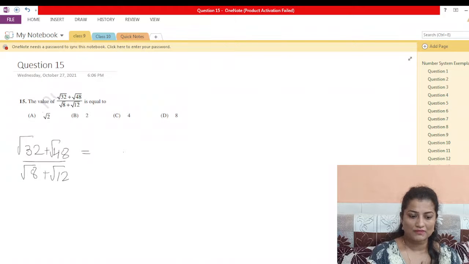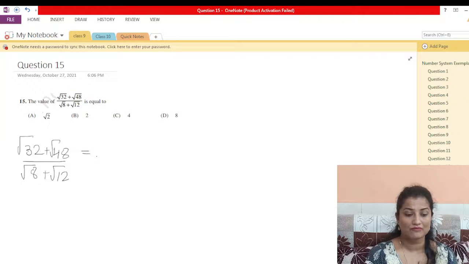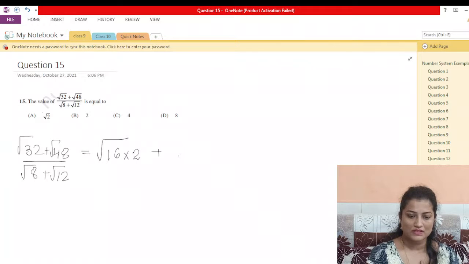Now while simplifying, we can factorize root 32 as root 16 into 2, that is 32. Similarly, root 48 can be written as root 16 into 3, right?